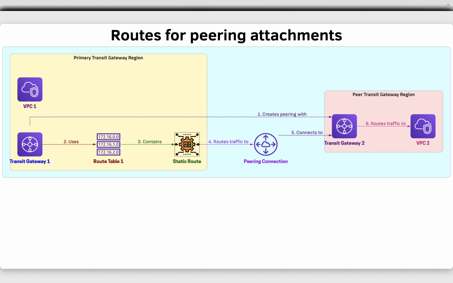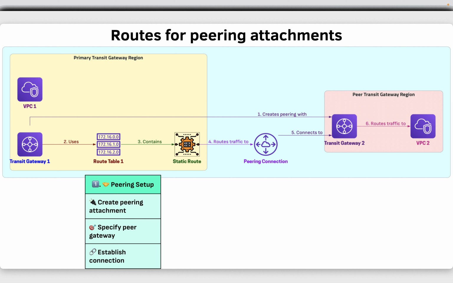So routes for peering attachments. The peering setup is between transit gateway and transit gateway. Two transit gateways being paired together, same like VPC, but this is applicable on transit gateways only. The pairing setup process begins by creating a peering attachment on your transit gateway and specifying the paired transit gateway with which you want to establish the peering connection.